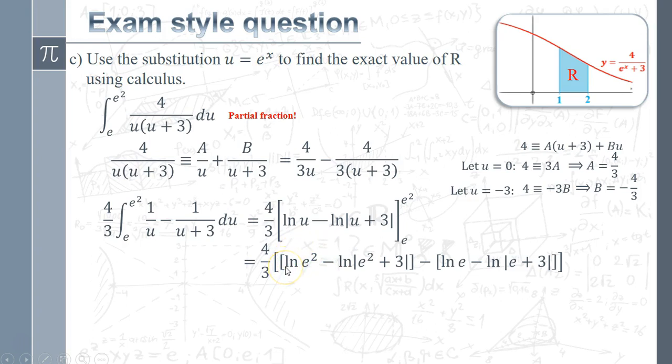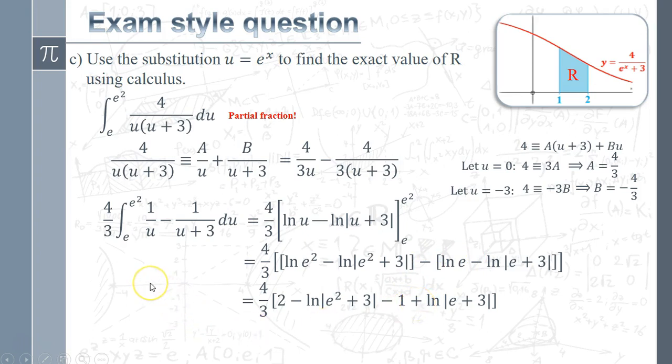That will give us 2 ln e, and ln e is just 1. So this thing here is just going to be 2. Likewise, this thing here is just going to be 1. So that makes life a little bit easier. There we go, and I've done the subtraction, so we've got take away 1 here. And notice this plus sign here comes from the minus, making that into a plus.